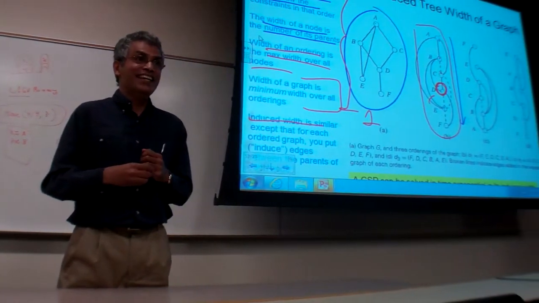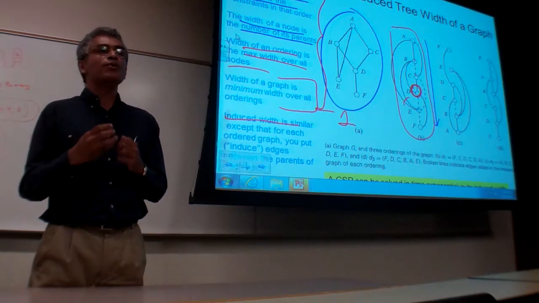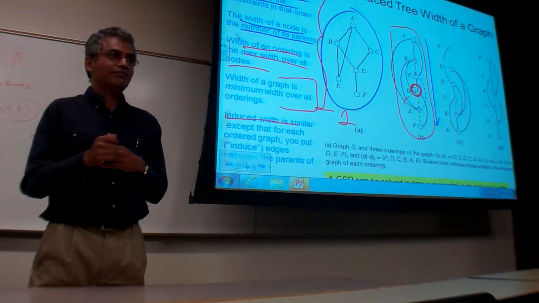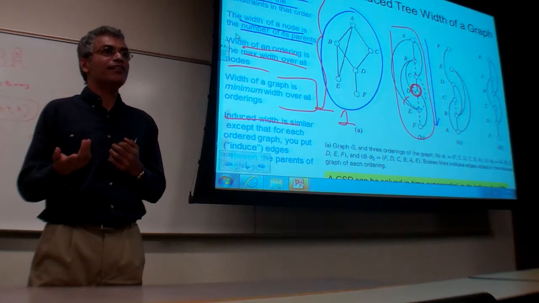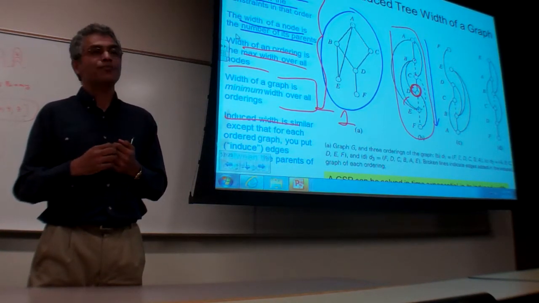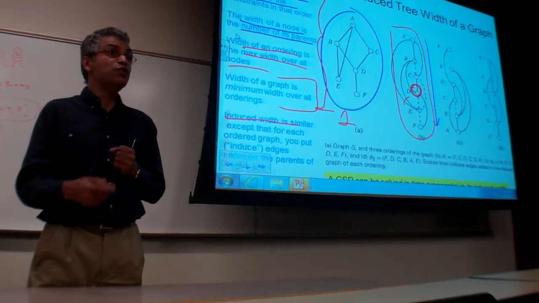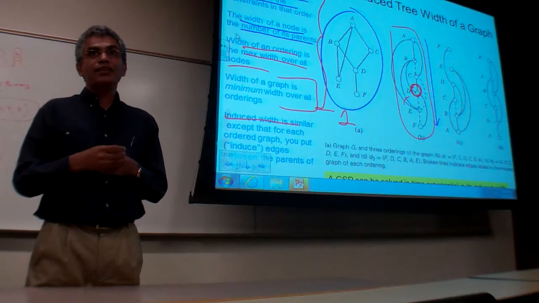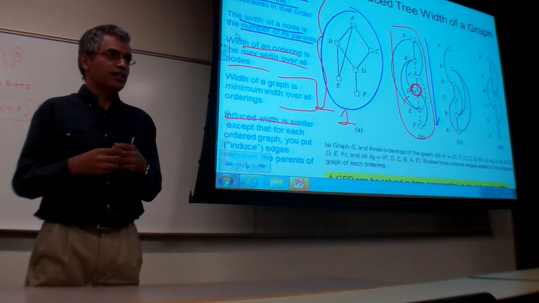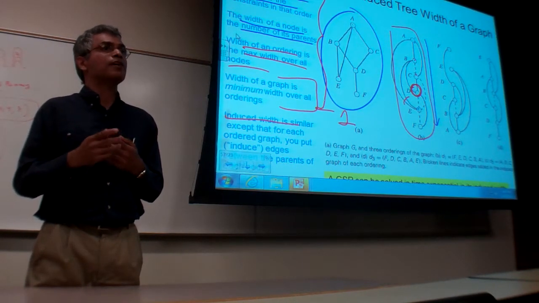So now the question is, how hard is it to compute the induced width? Because there are n factorial orderings for an n vertex graph, and you have to consider induced width for all of them and take the minimum over them. Turns out, in the worst case, it is indeed exponential. In fact, induced width computation is an NP-complete problem.